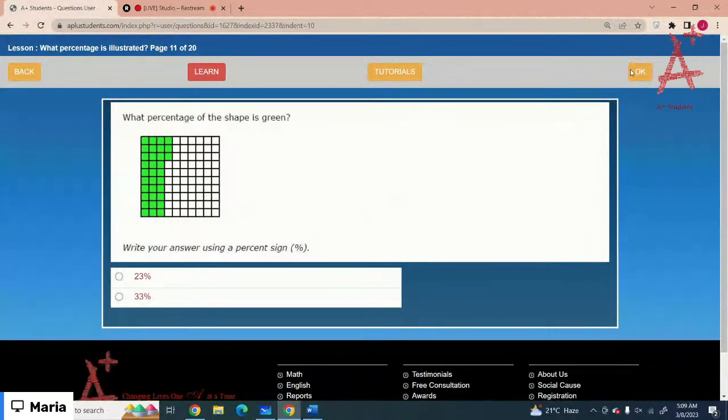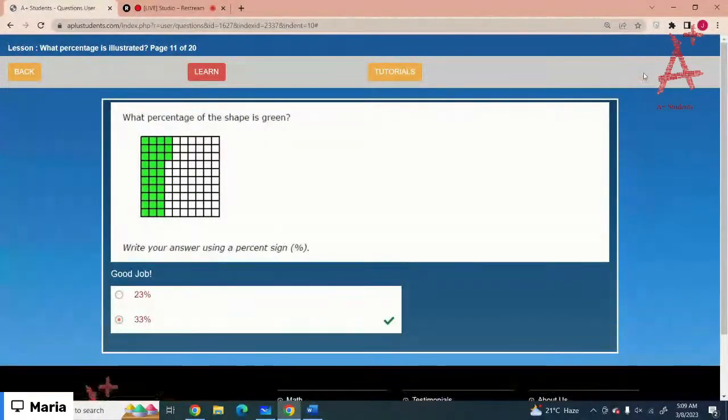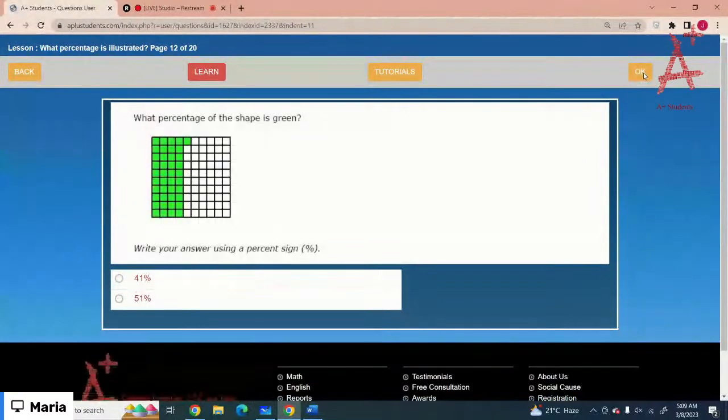Yes, very good. 33% of the shape is green. What percent of the shape is green? 41% or 51%? Which is the correct option? So 41% of the shape is green. Got it? So the correct option is 41%.